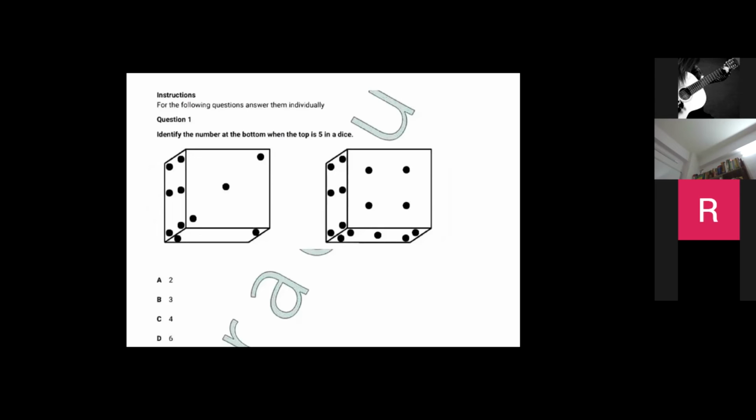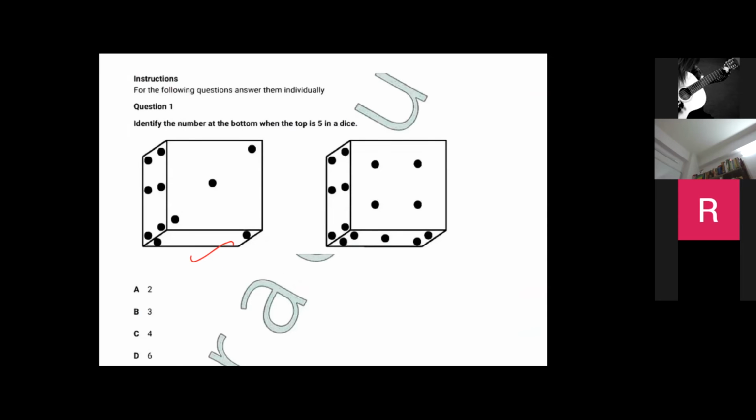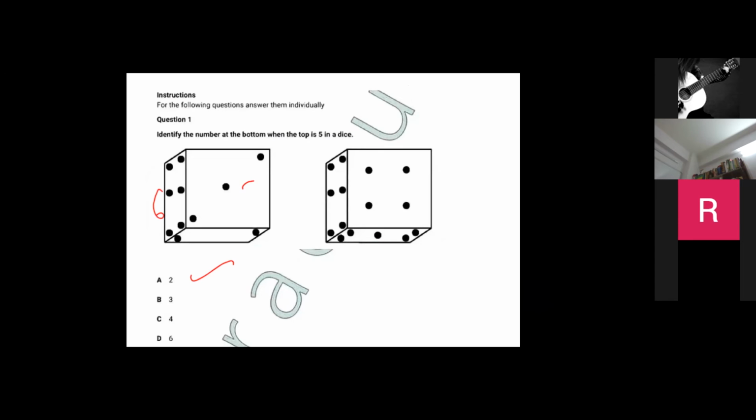How to solve this? Find it out. Ma'am, 3. Check again. 2. Very good. 2 is the correct answer. Why? Because this side has 6, 3, 2 and this has 6, 4, 5. That is why I told you whenever you find dots, immediately convert into numbers.